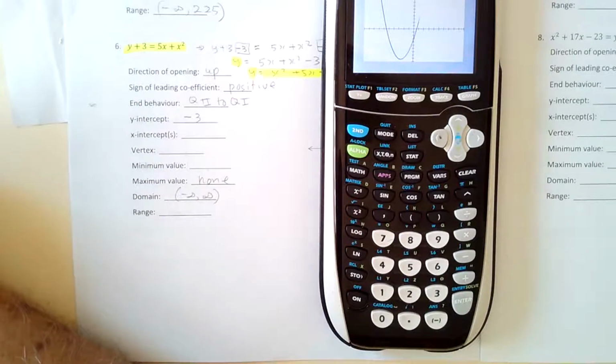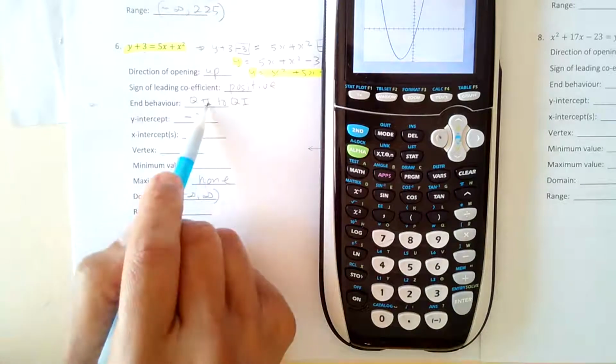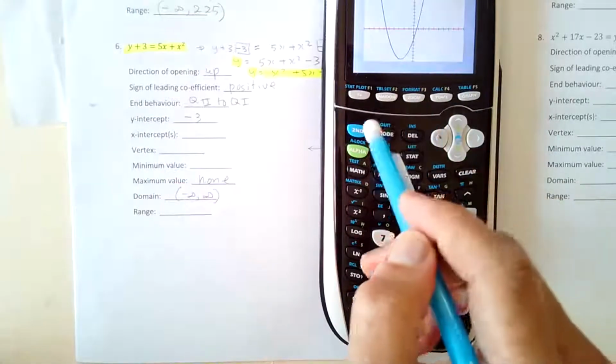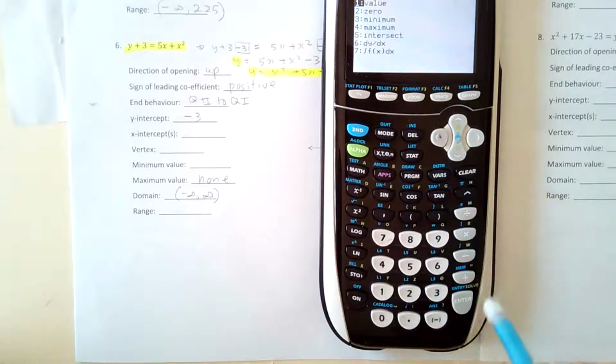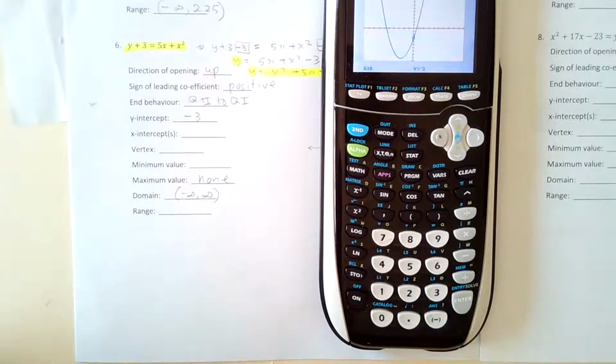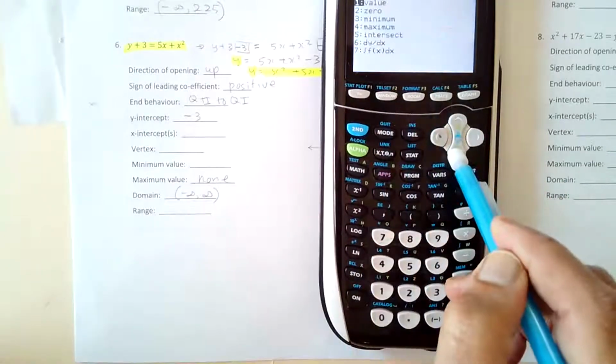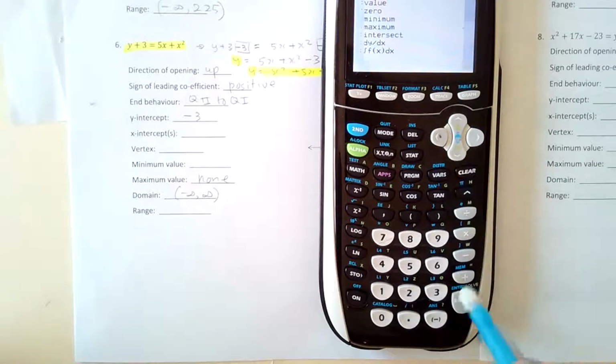And notice, here it is. We know it's up, it's positive, quadrant 2 to quadrant 1. Y-intercept is -3. So I'm going to go second trace to verify it. X equals 0, y is -3. Now I need to find my vertex, second trace, go to my minimum.